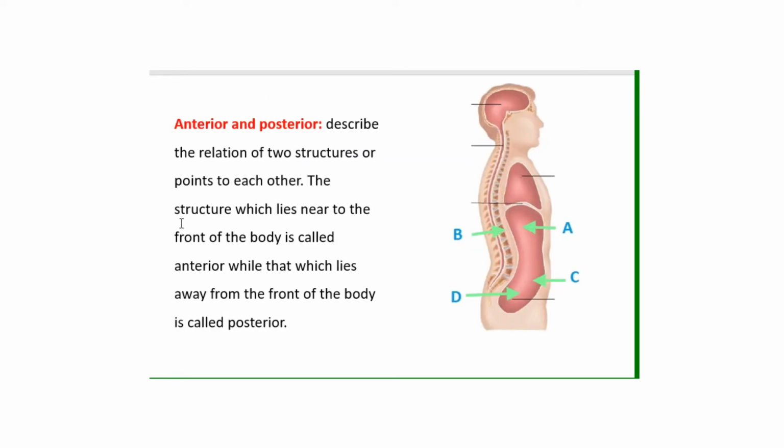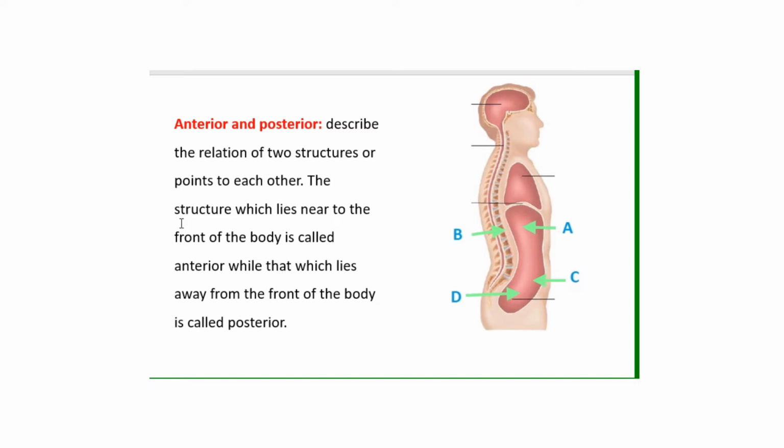Anterior and posterior describe the relation of two structures or two points to each other also. This is a rule: other than the midline or median, all other terms describe the relation of two points or two structures to each other.